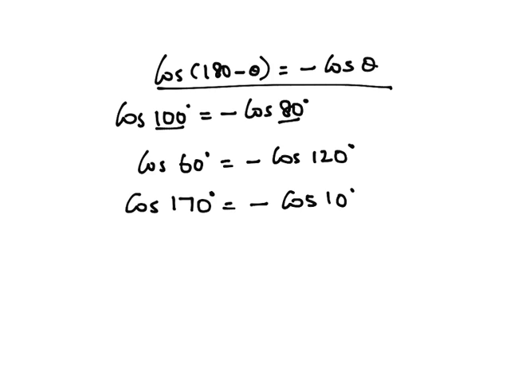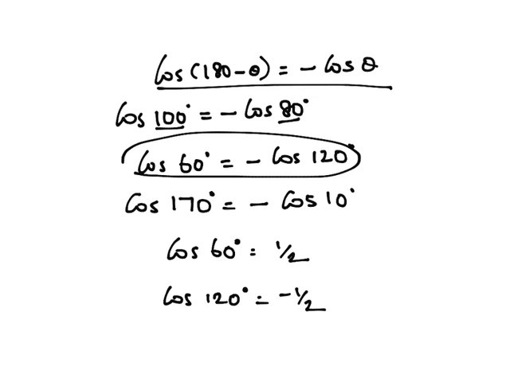If you want to cross check, you can check. For example, cos 60 degrees I know is half, isn't it? In the same way, cos 120 degrees is minus half. So as you can see, cos 60 and cos 120 degrees have the same numerical value, but they differ by sign. Cos 60 is plus half and cos 120 degrees is minus half.